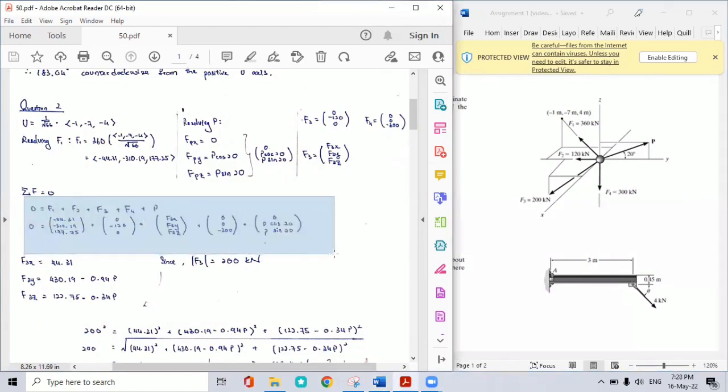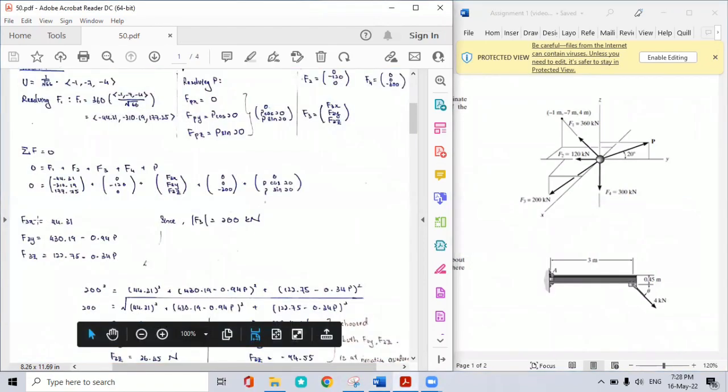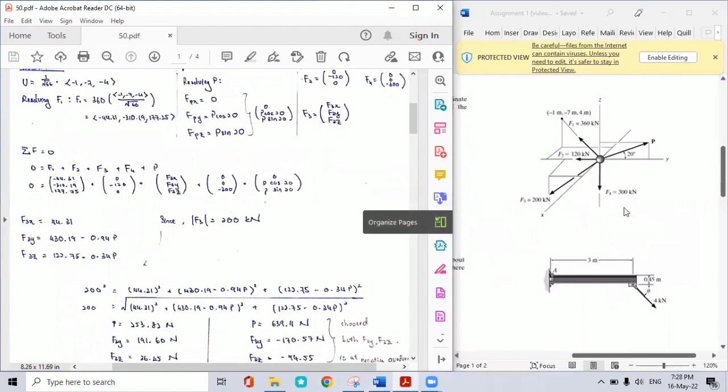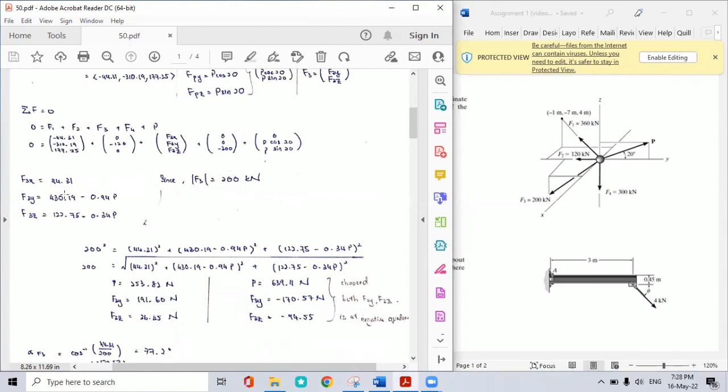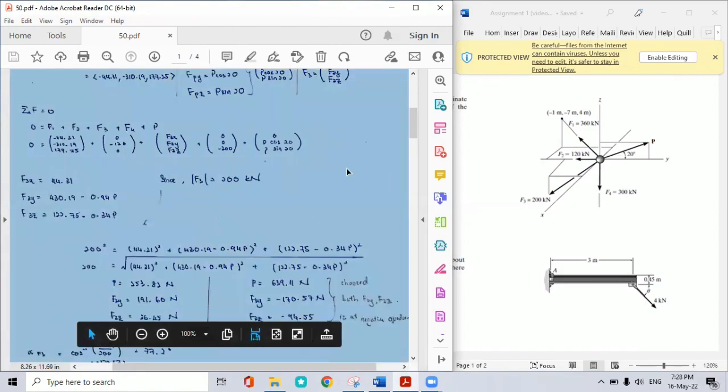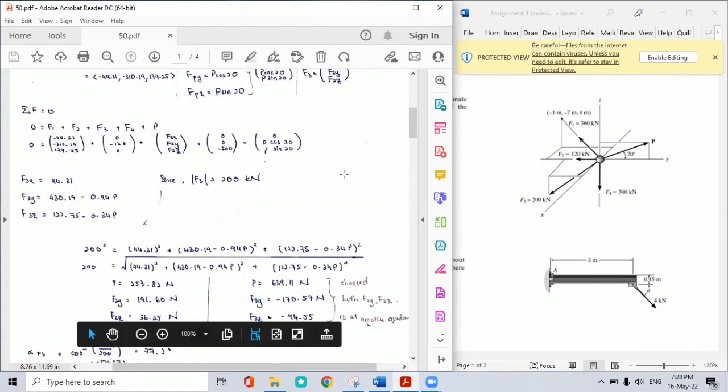By this formula, we can derive that the third force in the X direction is 44.31 newtons, and the third force in the Y direction is 430.19 minus 0.94 P. We derive these formulas from these equations, so it is something like simultaneous equations.